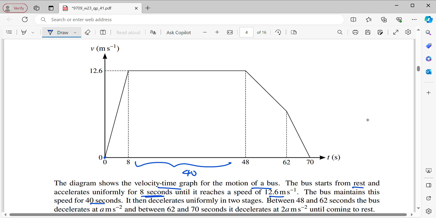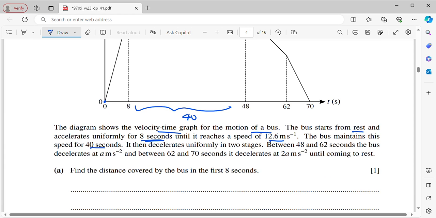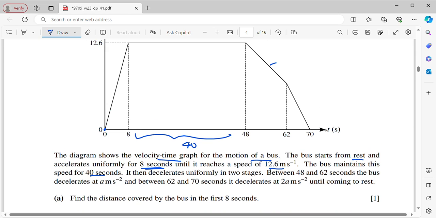It then decelerates uniformly in 2 stages. Between 48 and 62 seconds, the bus decelerates at a meters per second squared. And between 62 and 70 seconds, it decelerates at 2a meters per second squared until coming to rest.